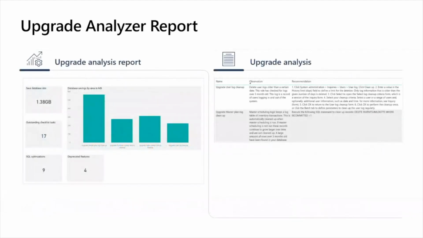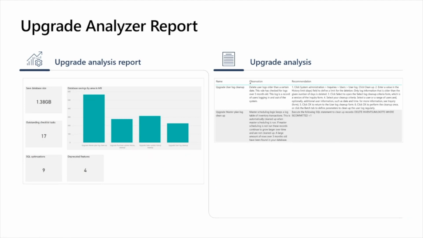Let me quickly show you what the upgrade analyzer report looks like. So on the left-hand side, you can see that this is the Power BI report, and what it's showing me is the potential database size that can be saved if I did some of the maintenance and some of the cleanup activities, and that's also broken down by areas, right? So it's showing, for example, one of the top data consumers for me is the master plan log, right?